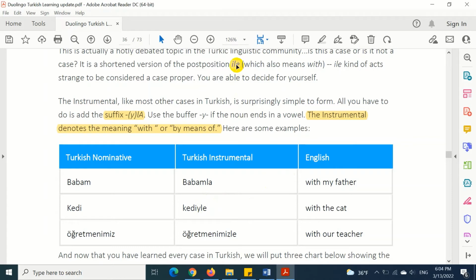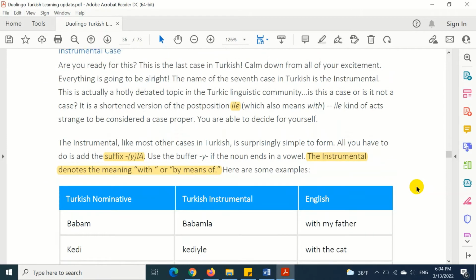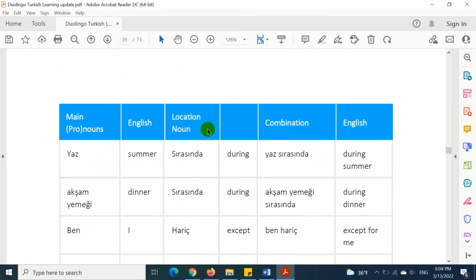The original form is ile, so for that reason here we have used Y. Öğretmenimiz is our teacher, öğretmenimizle, with our teacher. So now I think this case is clear. Whenever you are using the idea of "with", you use ile with the noun.